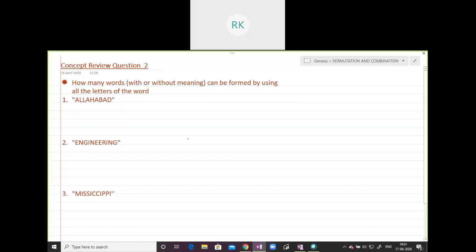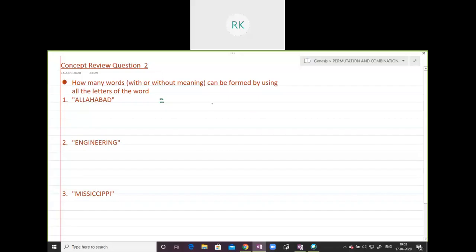It is the typical classical question from the placement point of view. How many words with or without meaning can be formed by using all the letters of the word Allahabad? Right. So I hope you know this. What we'll do is count the number of letters first. 1, 2, 3, 4, 5, 6, 7, 8, 9.